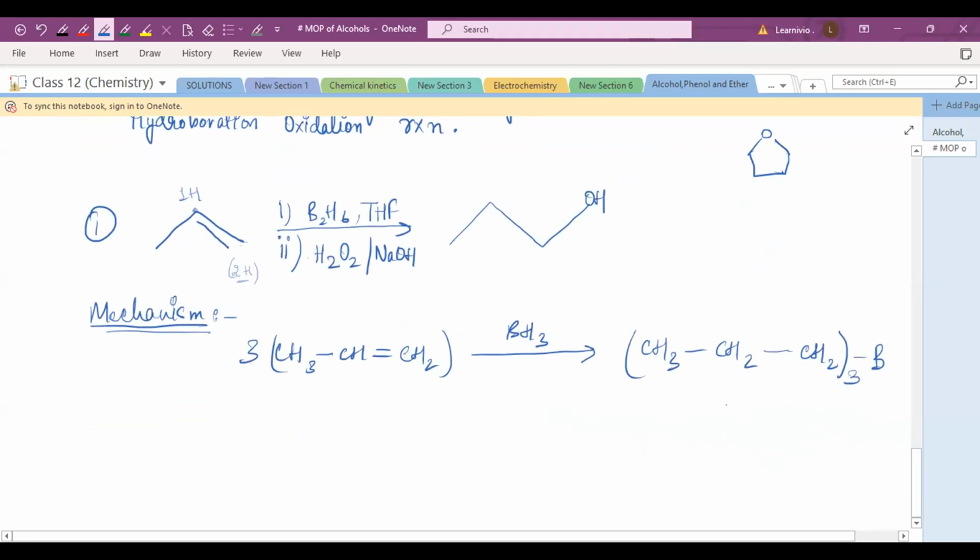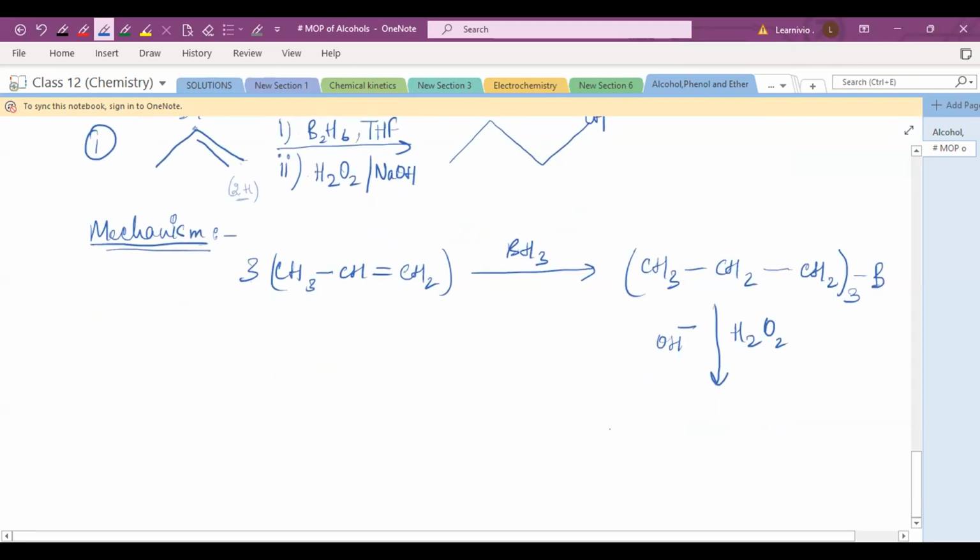And in the second step will be the oxidation. जब आप H2O2 लोगे, hydrogen peroxide in the presence of sodium hydroxide. So sodium hydroxide will give you OH minus ion, right? So what will happen over here? It will form the corresponding alcohol, 3 moles of CH3CH2CH2OH.